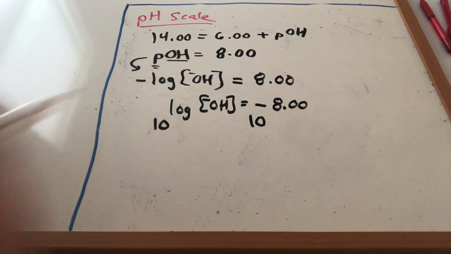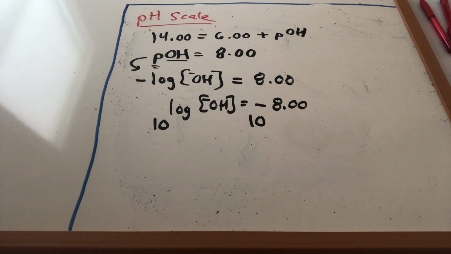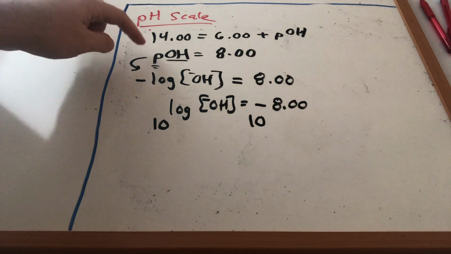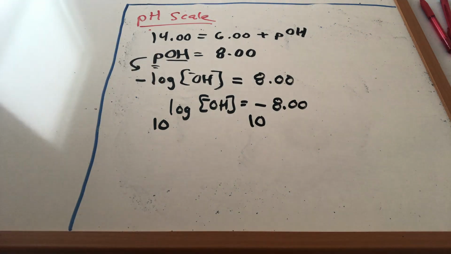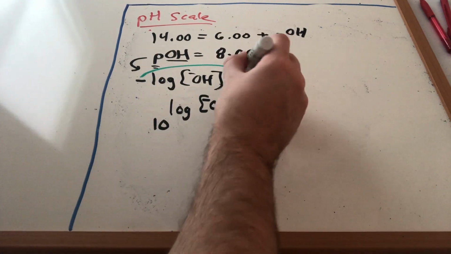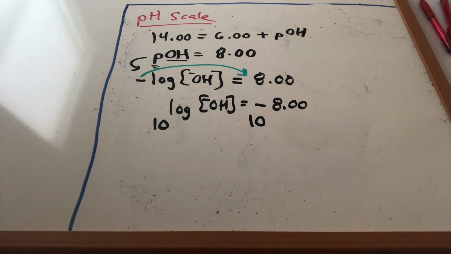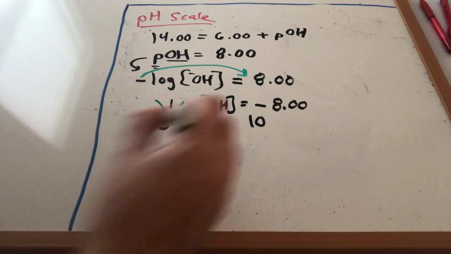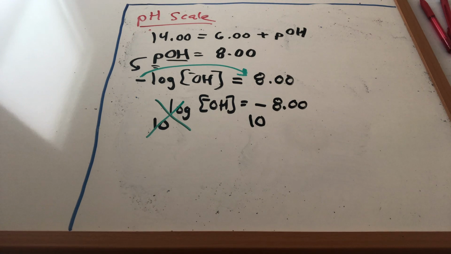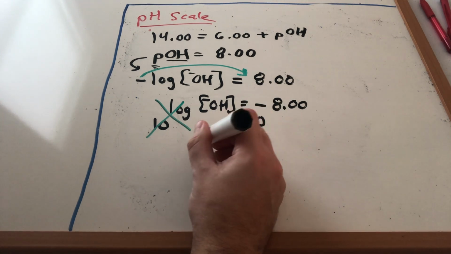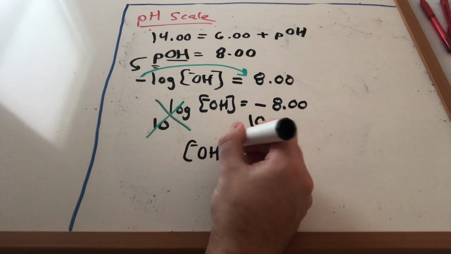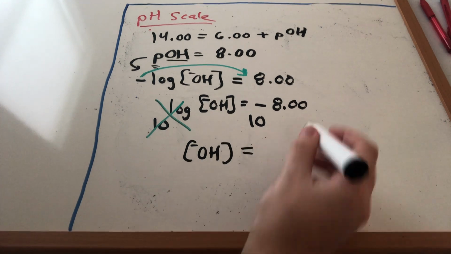Now look what happened here. This is a step that's often missed, so I'm going to point it out again. Remember, pOH has a negative log. You take the negative to the other side, and then you do the anti-log. When I do the anti-log here, these two are going to cancel, and I'll be able to solve for OH minus. Remember our anti-log significant figure rules.